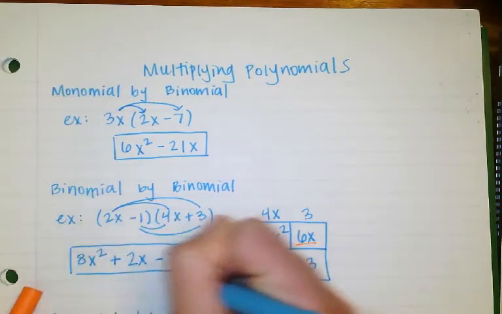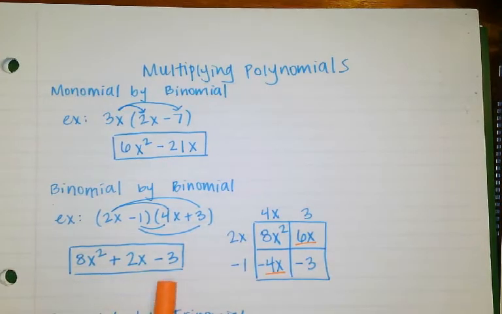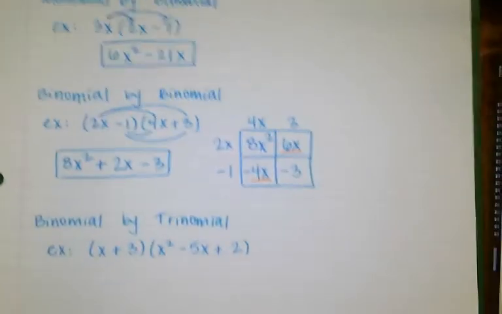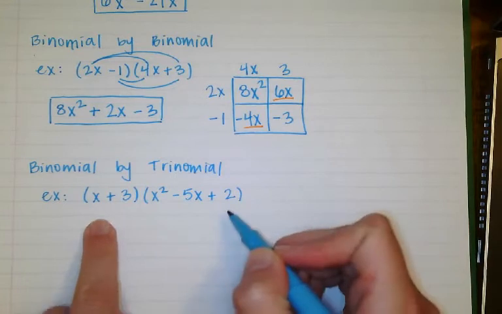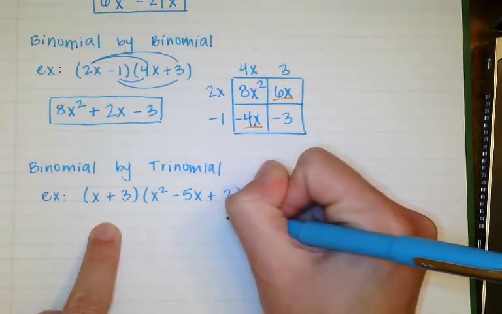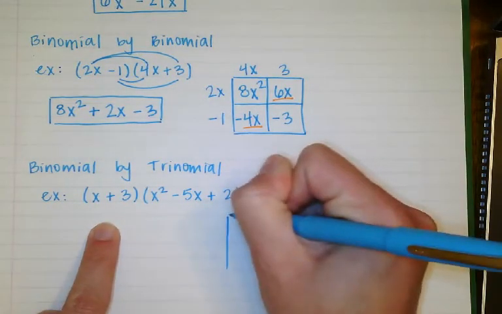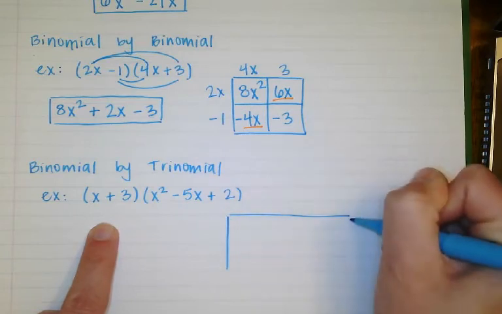So my final answer is a trinomial for its 3 terms, which leads us into the last type of problem that you'll see on your practice, a binomial times a trinomial. And on this one, I think it's extra important that we use a box to keep our multiplication organized. We're going to need an extra long box.